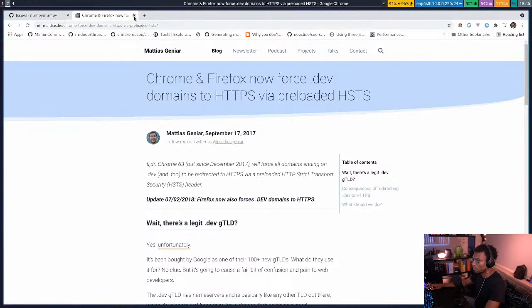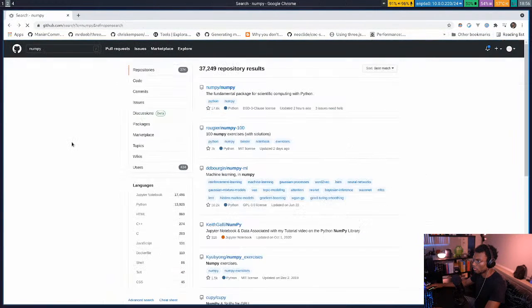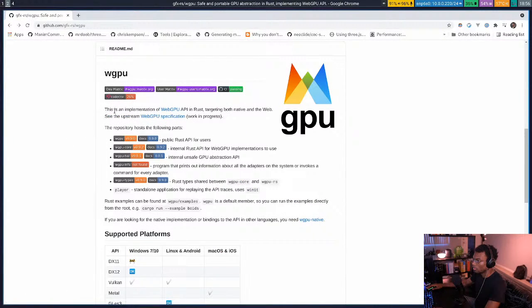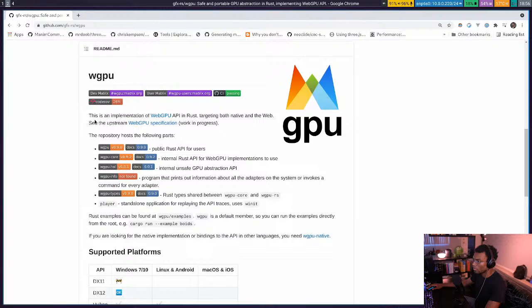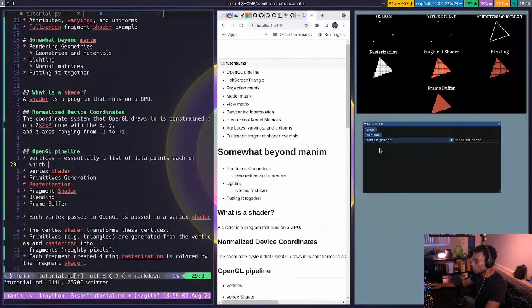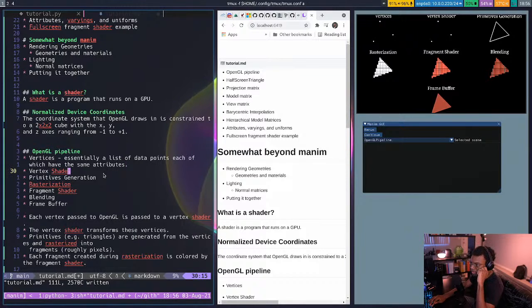Yeah, the WebGPU API targets native and web, each of which has the same attributes. Uh-oh, my browser's freezing. Have you considered BGFX? What is that?